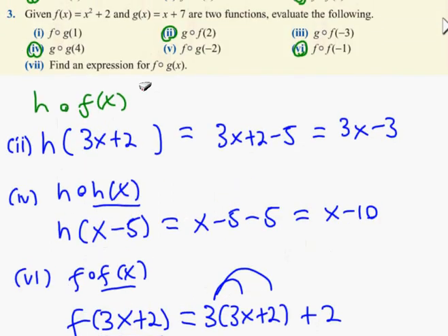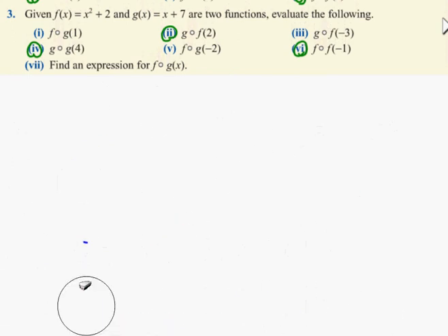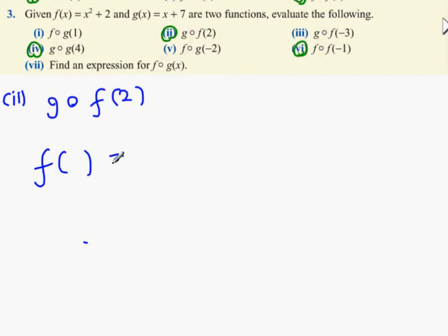We're going to move on now to question 3. Now, Jordan, what do you do for question 3 part 2? G after f of 2. You do the f function first, the one that's closest to the 2. The rule for the f function is x squared plus 2.